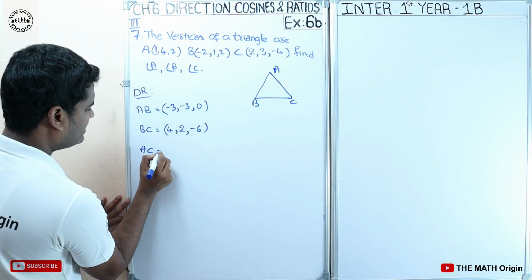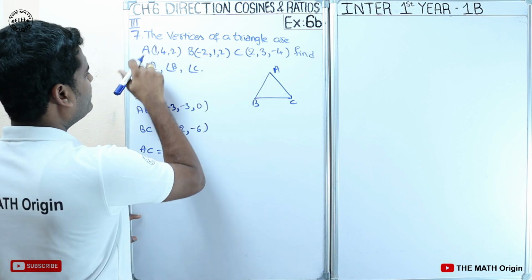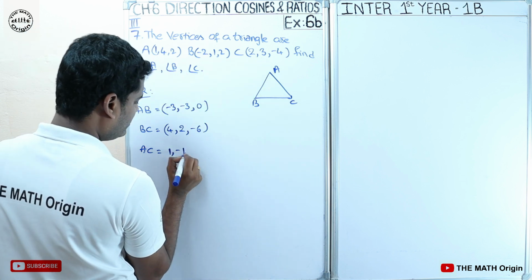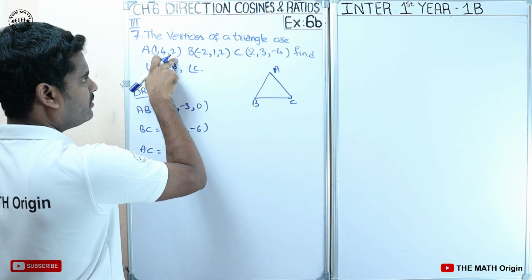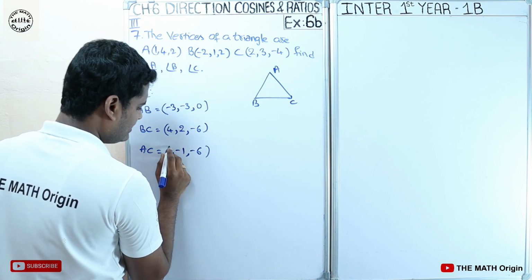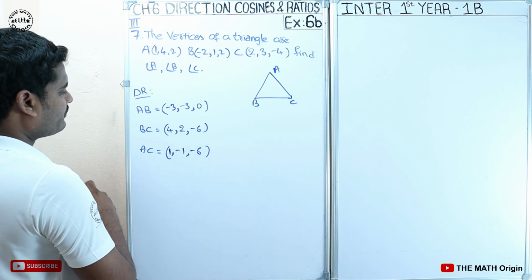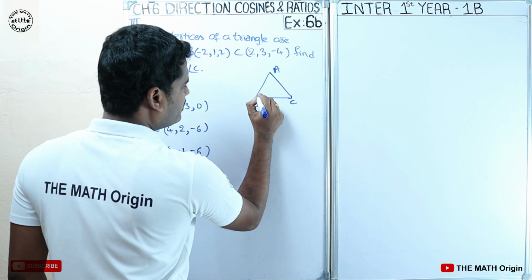Next AC: 2 minus 1 is 1, 3 minus 4 is minus 1, minus 4 minus 2 is minus 6.